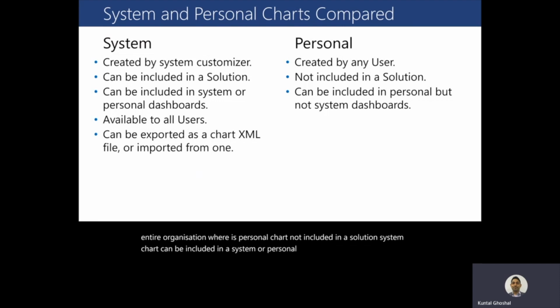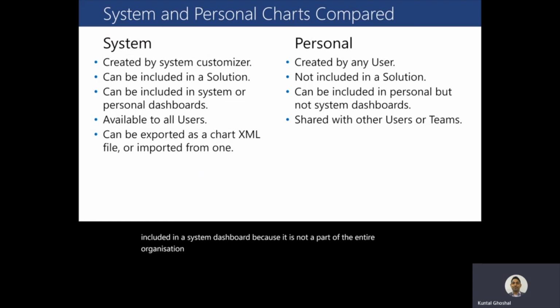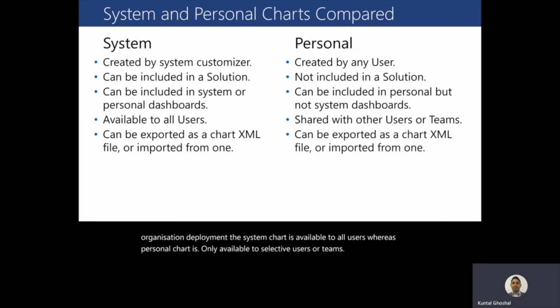A personal chart can be included in a personal dashboard only, but it cannot be included in a system dashboard because it is not part of the entire organization deployment. The system chart is available to all users, whereas a personal chart is only available to selective users or teams. As far as export is concerned, you can always export both types as a chart XML file.